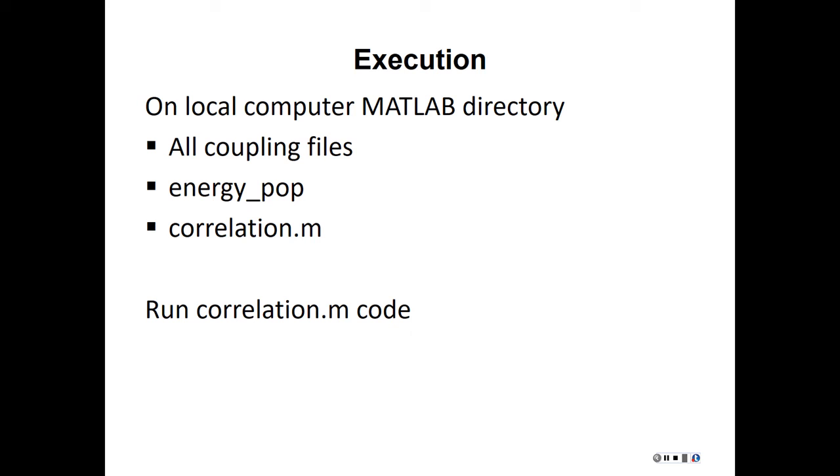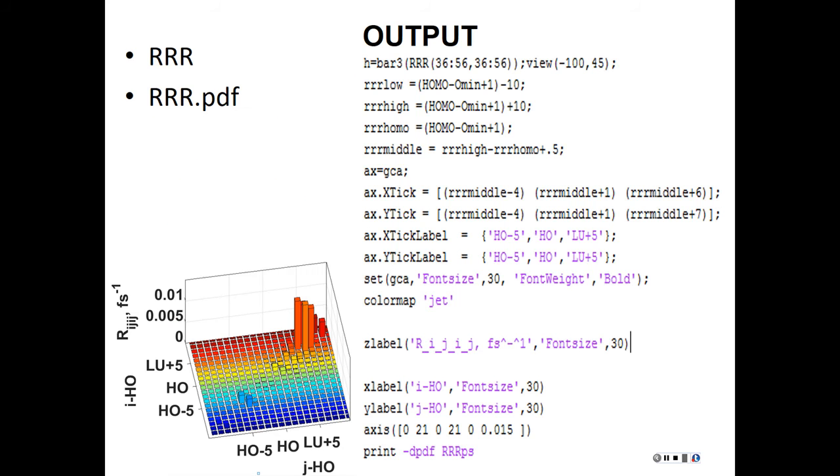Then you need to put all these files into the MATLAB directory on your local computer, and then run the correlation code. Then you should get this RR file and this PDF file. And you can modify this code for plotting the Redfield tensor.